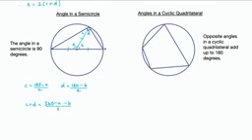And because we know this line is the diameter, we know A plus B must equal 180. So A plus B equals 180 degrees. So if we look at this expression here, another way of writing this is 360 subtract (A plus B).